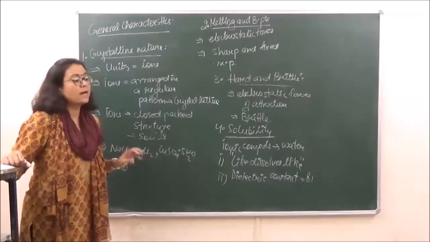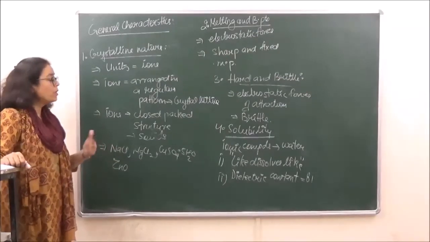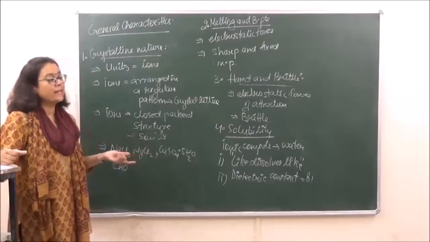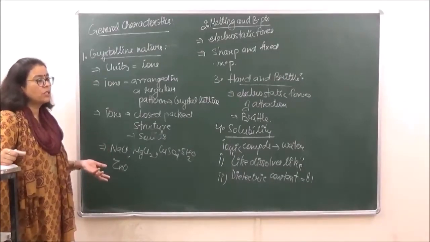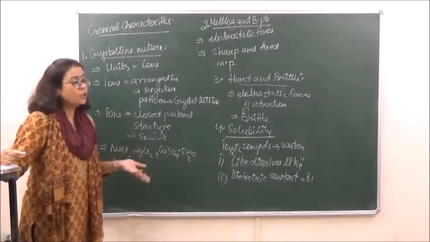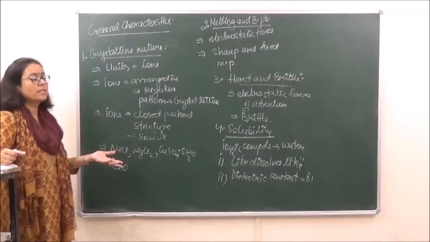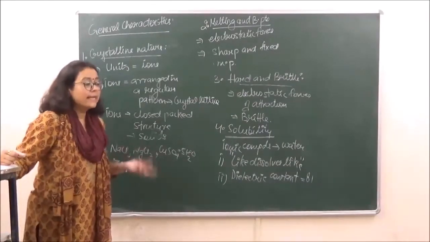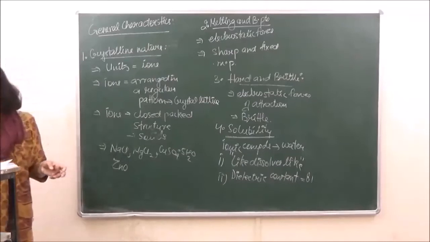Once those bonds are broken, the ions are free and they get solvated. Only those solvents which have a high dielectric constant can dissolve such solutes. Water has the highest dielectric constant amongst all solvents, 81, so it is said to be a universal solvent. Organic solvents like benzene, alcohol, carbon tetrachloride and ether all have low dielectric constants, so they are unable to dissolve ionic compounds.